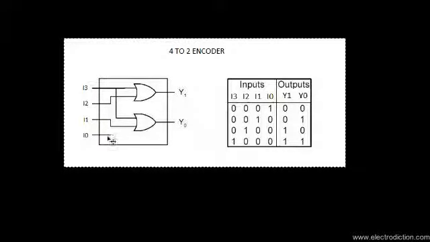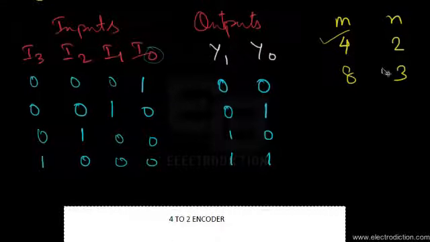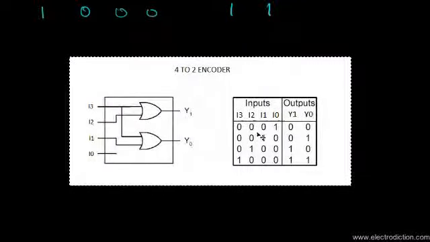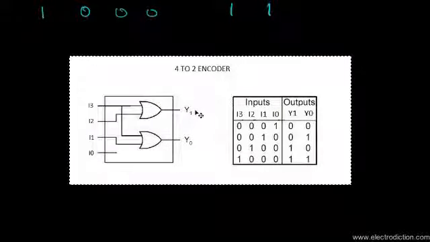Notice that whenever we set the line I0 to the logic high signal, the output is 0 0, which is also shown in this truth table. So for putting I0 at logic high signal, we obtain an output of 0 0. That means the voltage levels at the 2 output terminals are both at the logic low state.